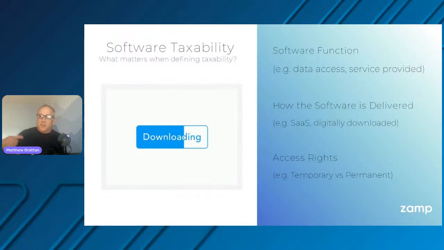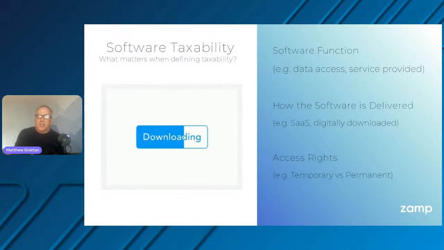But then they started to explain it in terms of, we have an SDK, we give it to the client, they deploy it in their environment, and it would really fall into pre-written software. So we had to do some cleanup work there and get them on the right track in terms of how they define it, because it's important to understand this, because the states have all their definitions.